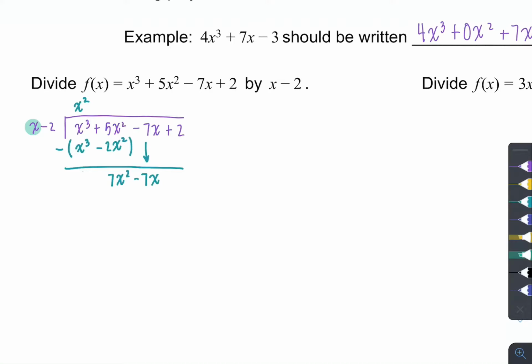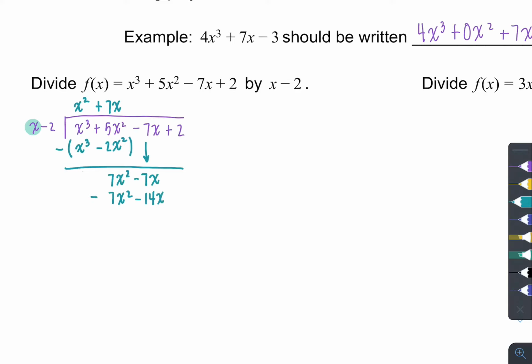Right, then I ask myself, what do I have to multiply x by to get 7x squared? I'm going to multiply by 7x. So I get 7x squared and minus 14x.